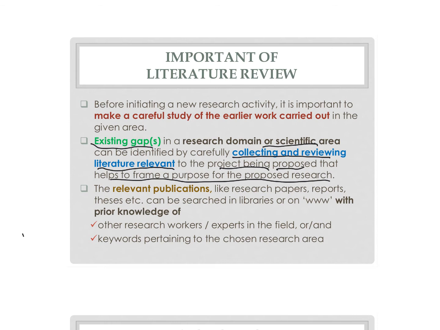But you haven't detailed out apa sebenarnya, apa function ataupun what you are going to do in your project. So literature review helps you to frame, means to find, the purpose of the proposed research.